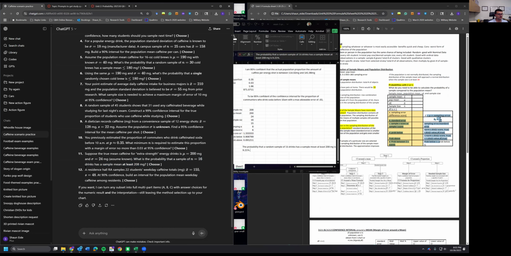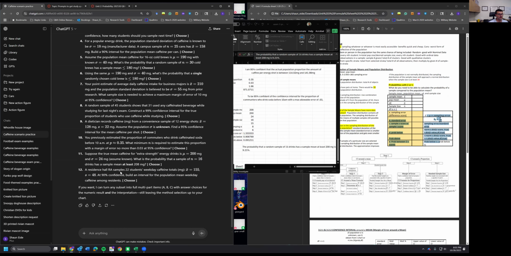Okay. And then looking at number 12, the residence hall RA samples 22 students' weekday caffeine totals with a sample average of 155 and a sample standard deviation of 48, and at 90% confidence, build an interval for the population mean weekday caffeine among the residents.